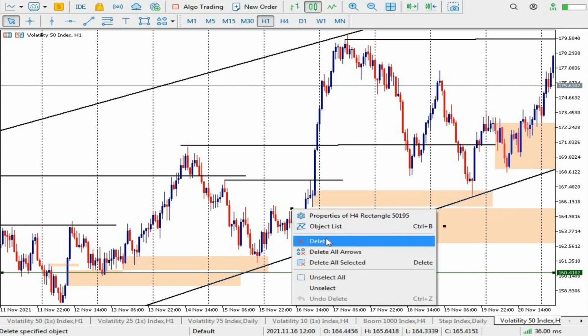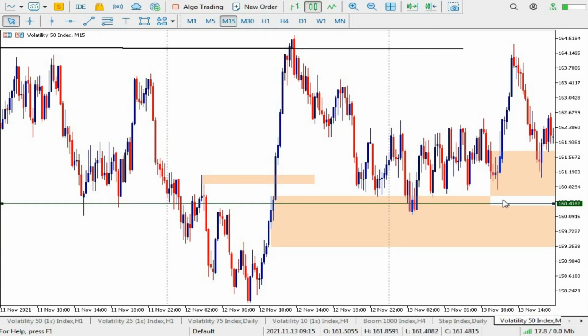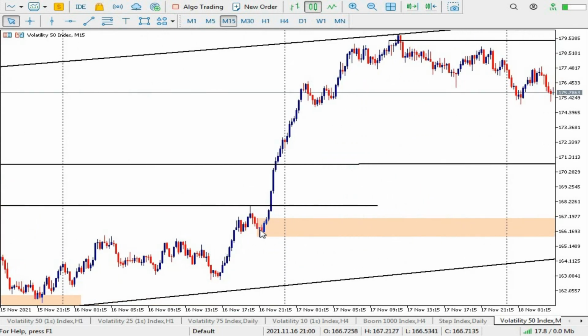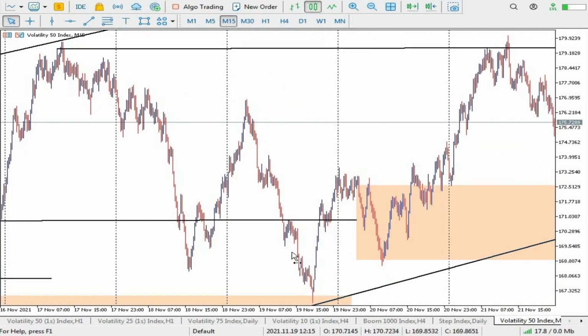Let me delete this to have a clean chart. So there was an order block around there, which was responsible for breaking this lower high and this lower high for the price to create a new high. And then if you go to a smaller time frame, you can see that here is the order block, guys, this one, and you can see that's where the price even came to pick the orders.